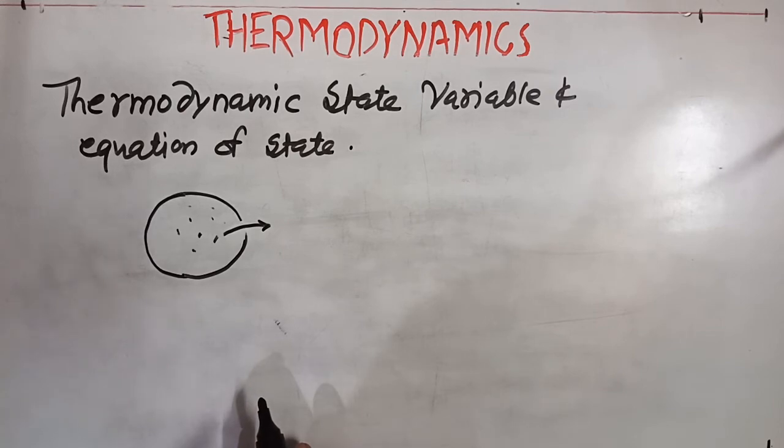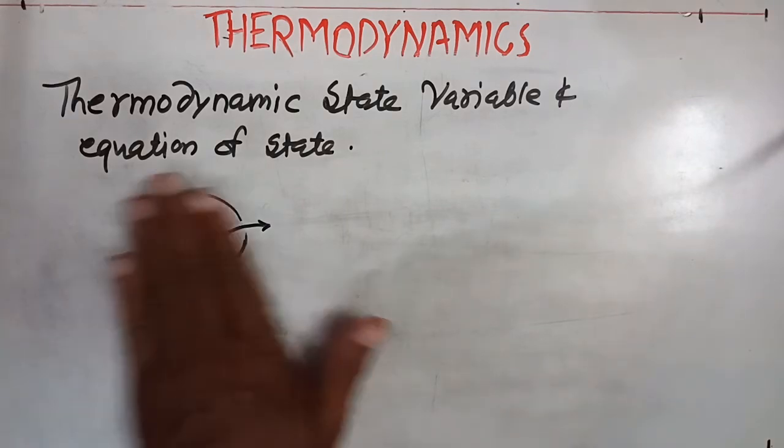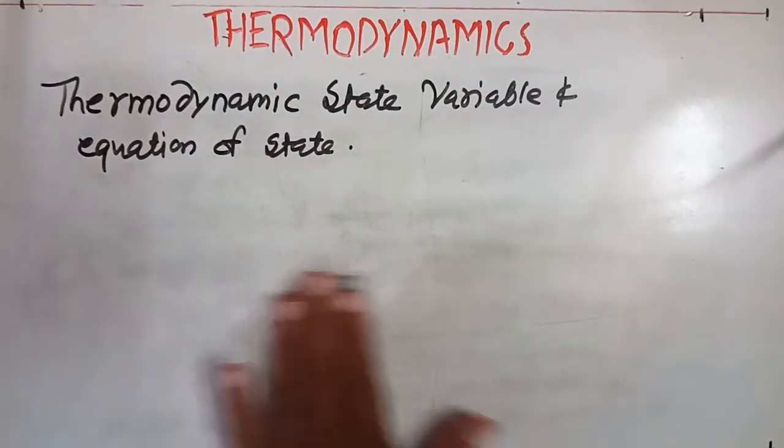Or in simple words, we may say that the thermodynamic state variables describe the equilibrium state of a system. These thermodynamic state variables are constant, and as they are constant, they define the equilibrium state of a system. And now let us see the equation of state.